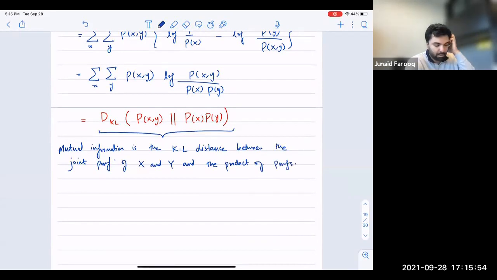Okay, so essentially it means how far X and Y are from independence.